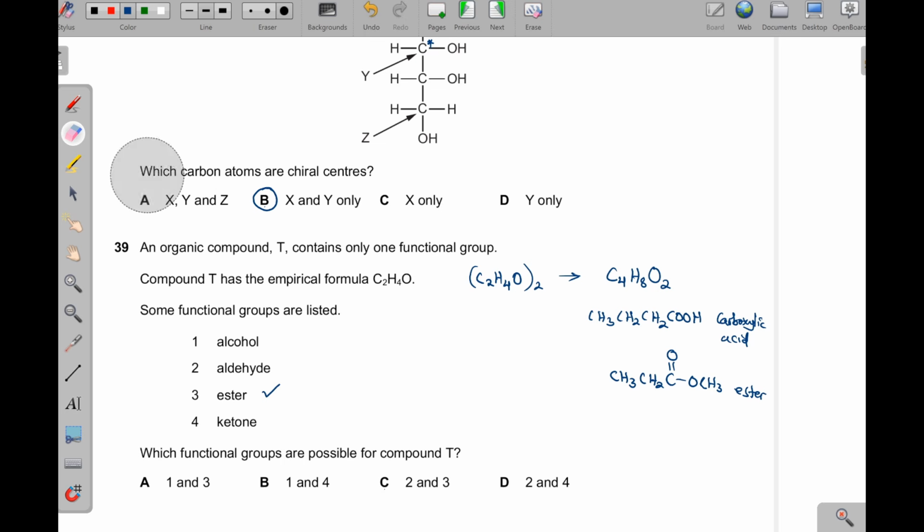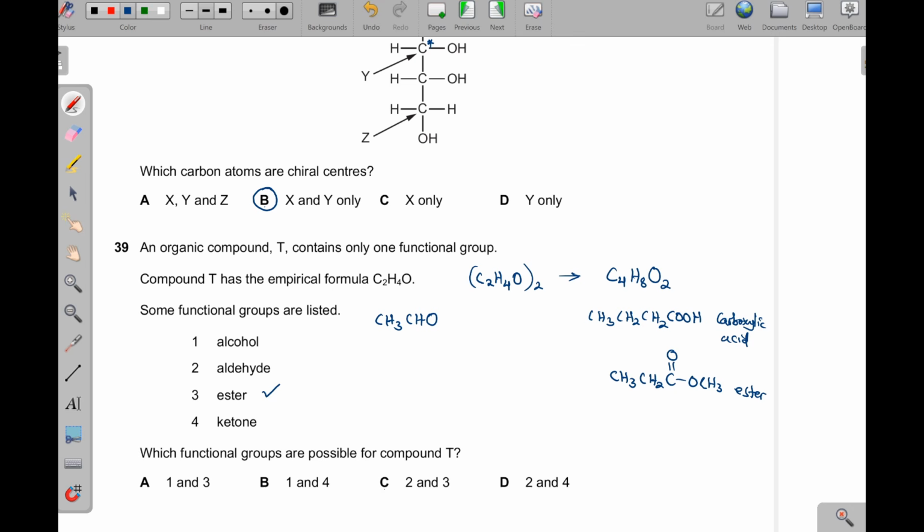By the way, an empirical formula can be the same as the molecular formula. If this is the empirical formula, can I convert it into a molecular formula? This is CH3CH, 2 carbons. Suppose I say CH3CHO.